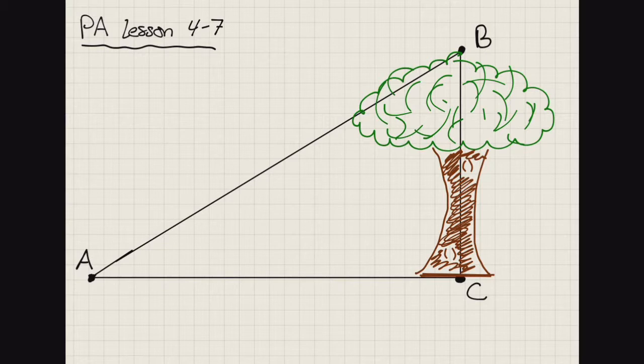Okay, there's our tree. The whole point of this lesson today is to find the height of the tree. Now, we don't have just a tree. We are also going to include a person.